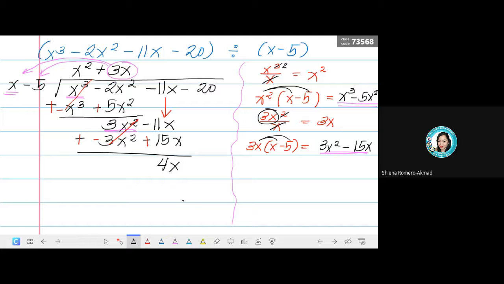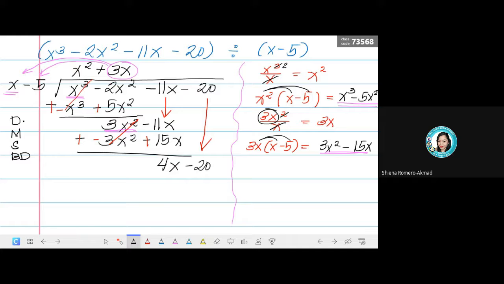Next step is, correct, Jimenez, that's the next step, which is bring down. Bring down negative 20. So, divide, multiply, subtract, bring down. So, we have 4x minus 20.